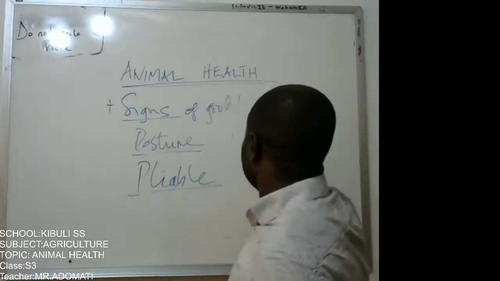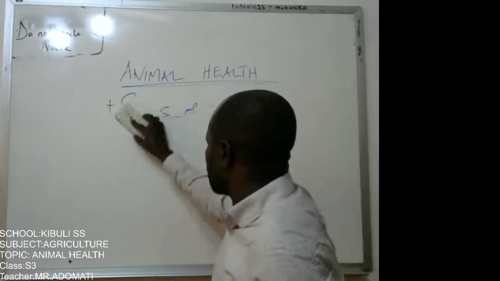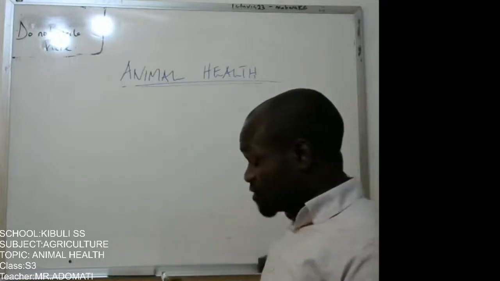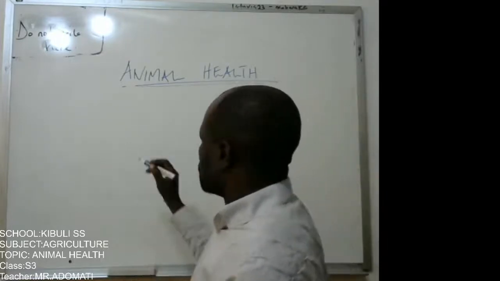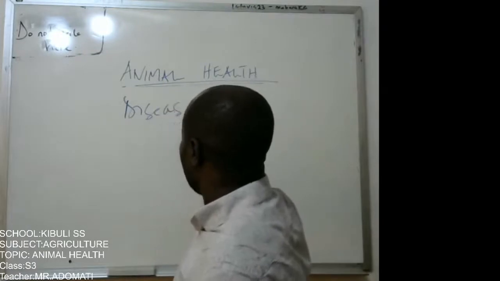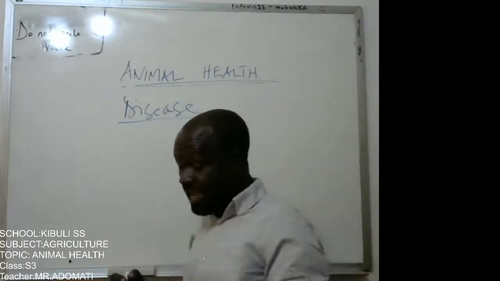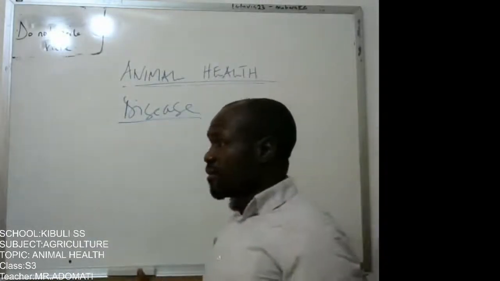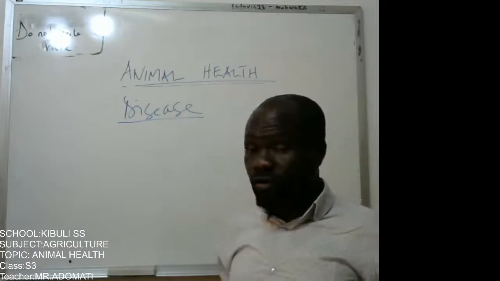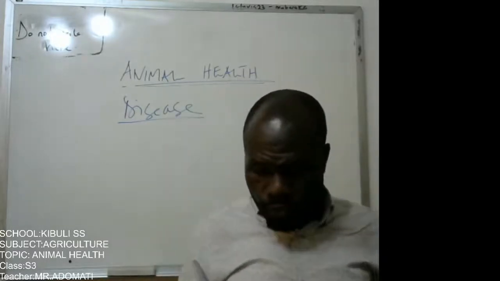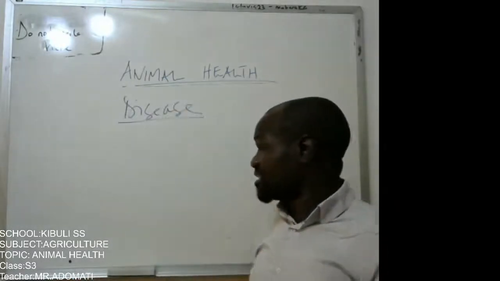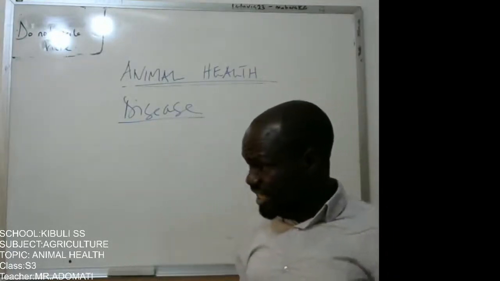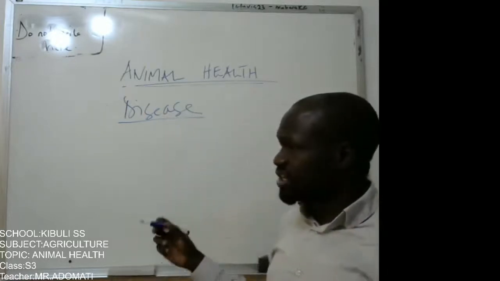My main aim of talking about disease here is to classify, to categorize the different livestock diseases. We have diseases, yes, but we have different categories, different types of livestock diseases. I know in your lower secondary or primary, you must have come across a number of livestock diseases, things like anthrax, TB, Nagana, Newcastle disease, East Coast fever.